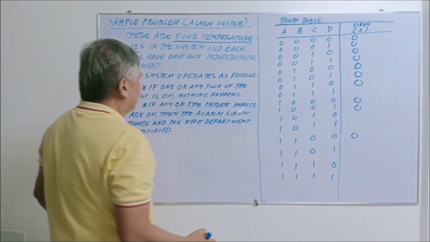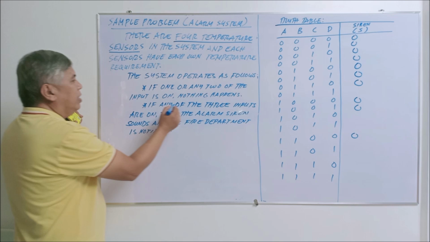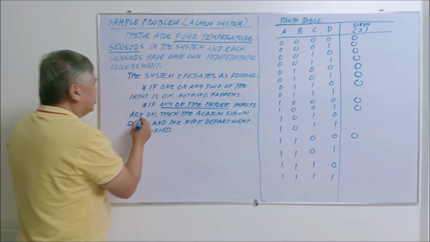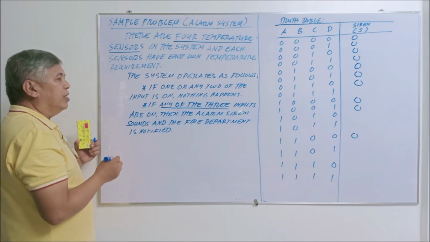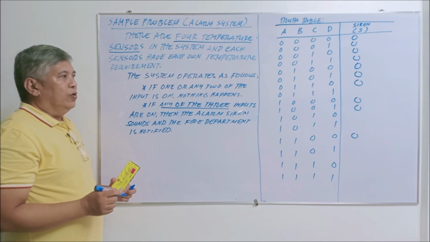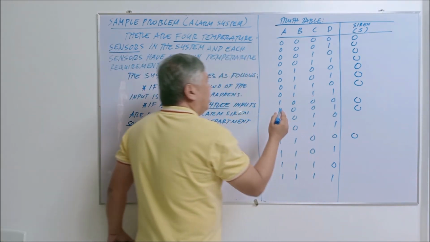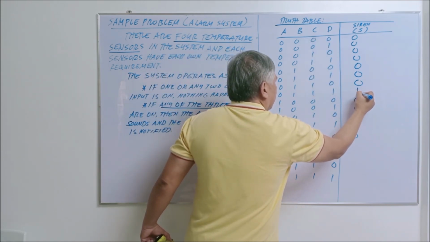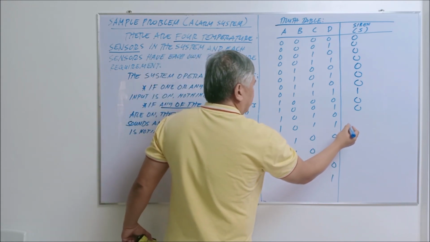Okay. Now, the second requirement is that if any of the 3 inputs are on, then the alarm siren sounds and the fire department is notified. So, if any of the 3 of the inputs are on, then the output is 1, no?